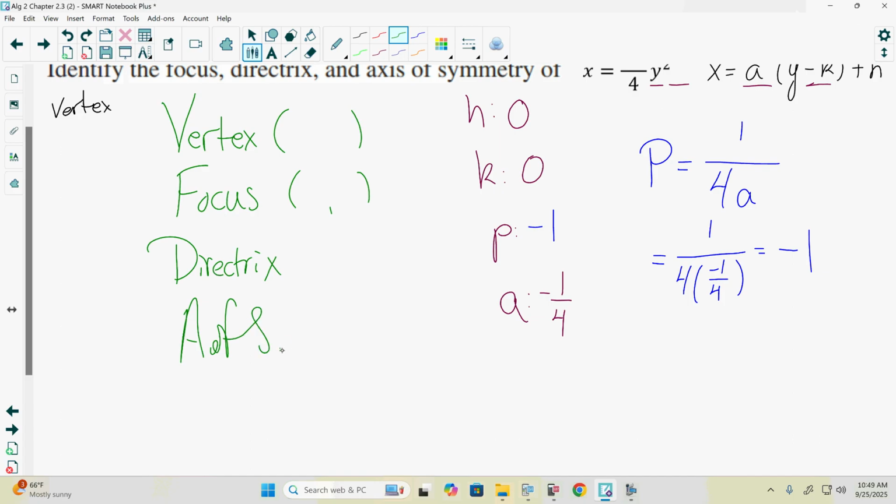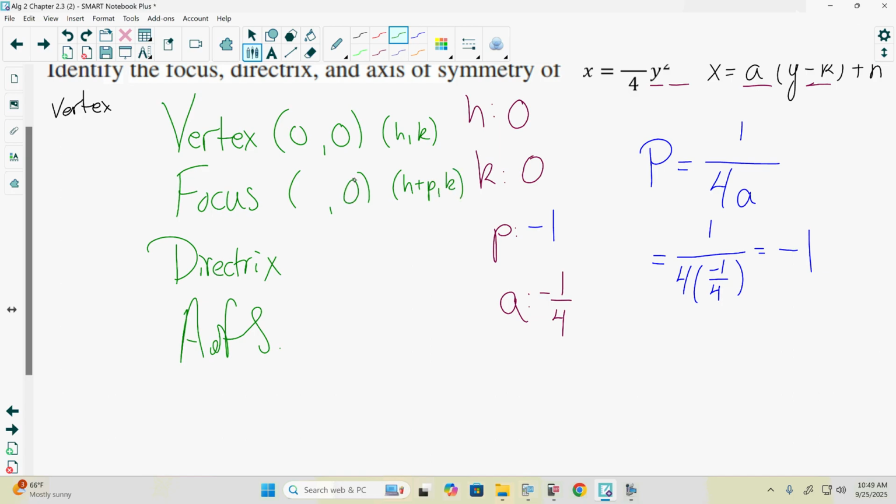So the vertex is the point (h, k). Well, the values of h and k are both 0, so it's just going to be (0, 0). The focus for our x equals equation is (h plus p, k).